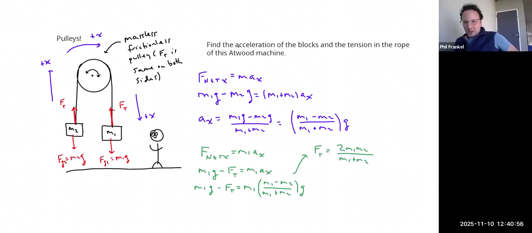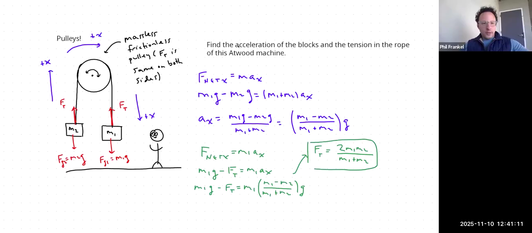Now, it takes some algebraic manipulation, finding common denominators, distributing and stuff like this, but the result is pretty compact. So this is our tension force, and from above, we have our acceleration value.